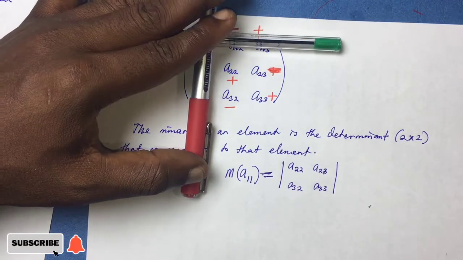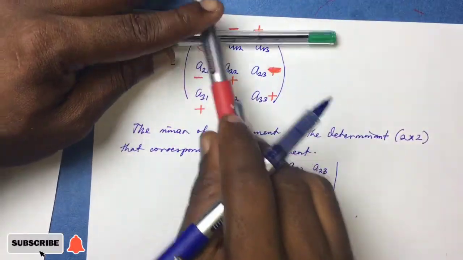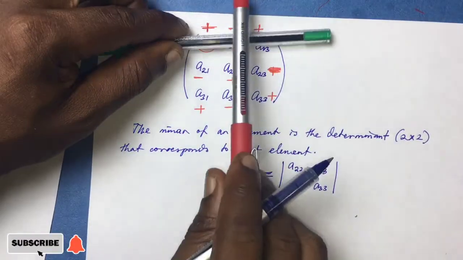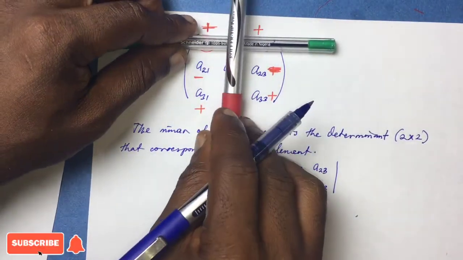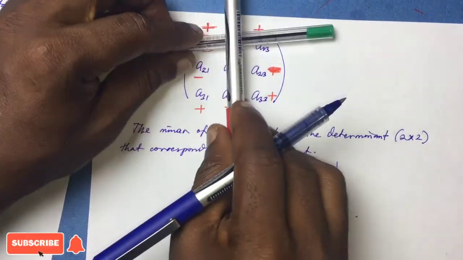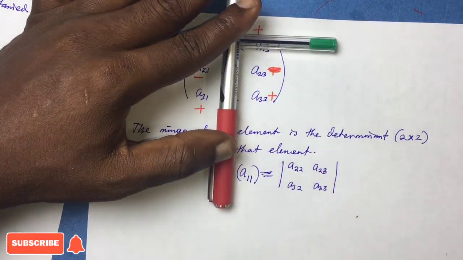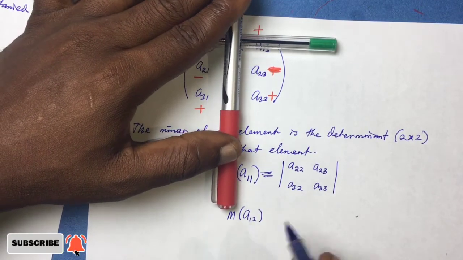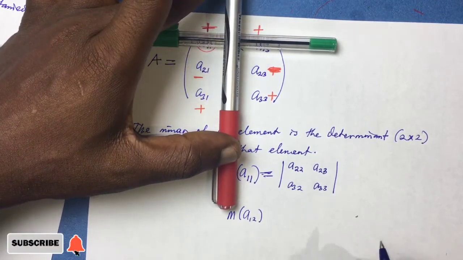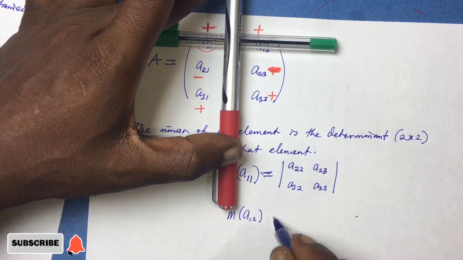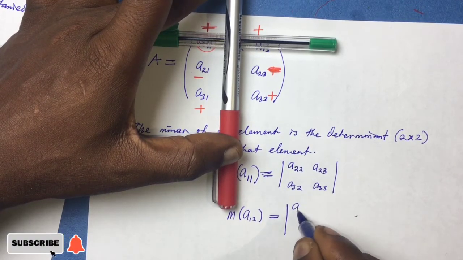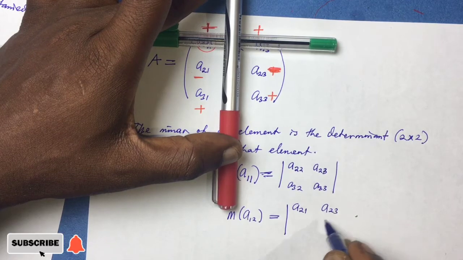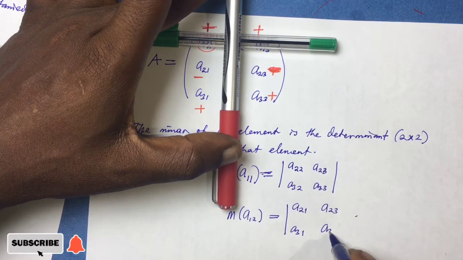Okay? Now, if you want to form the minor of the next element, which is A12, you place this across the elements. You will end up seeing that the minor of A12 will be the elements that remain when you cross out A12. And what are you seeing? You end up seeing A21, A23, A31, A33.